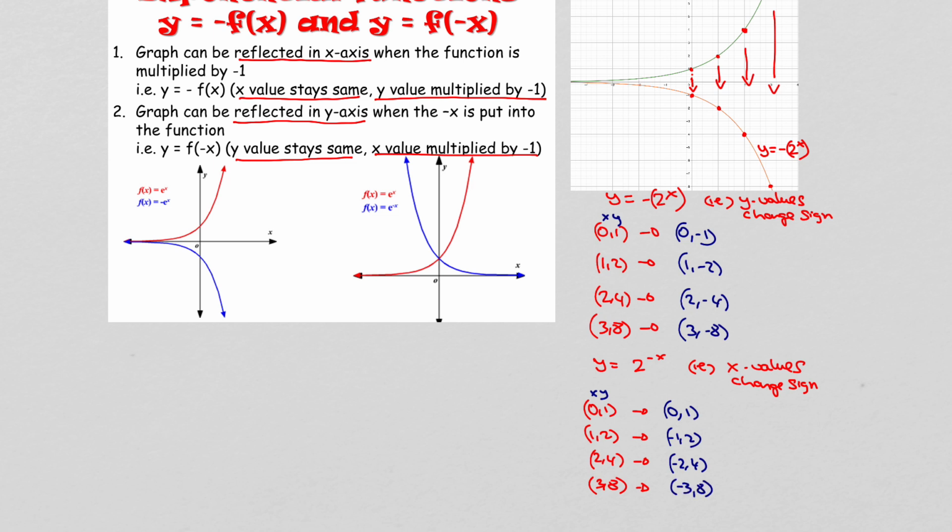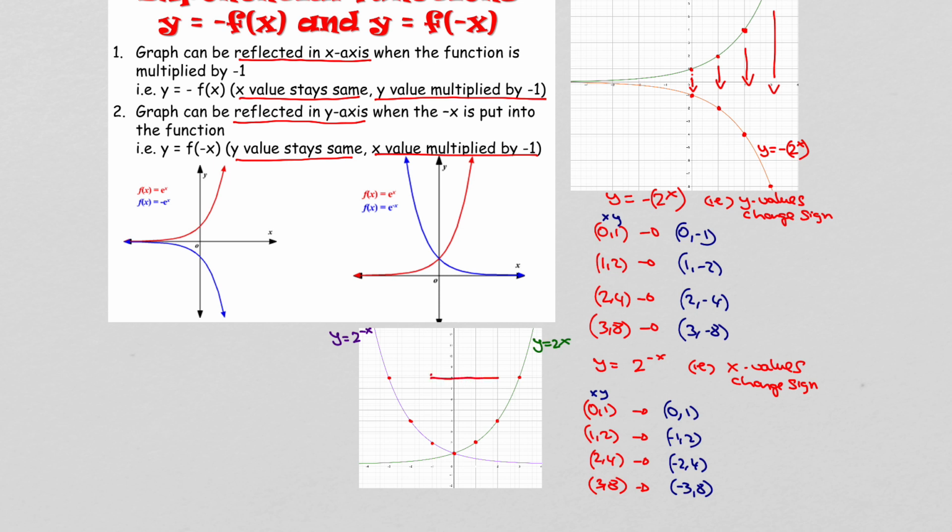So all the y values remaining the same, only the x values changing their sign. And then if we sketch our graph, then we can see that each of our points have now been reflected in the y-axis. The only one that stays the same is 0, 1. And again, we can actually see that that graph there, 2 to the minus x, is actually the same as saying a half to the x, which we can see is our exponential decay. Okay.